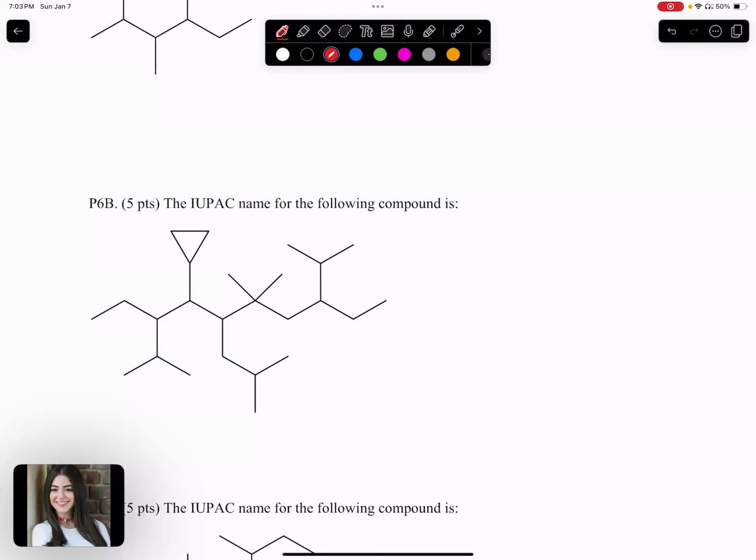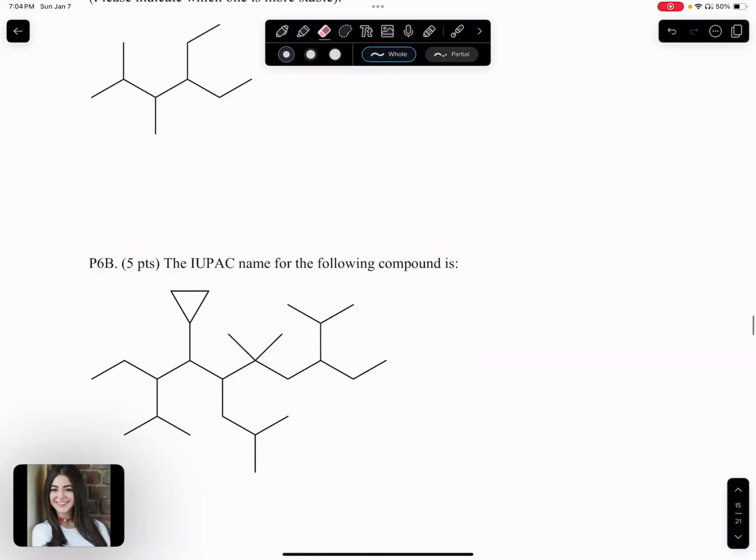He mentioned it. I mean, this is a nice problem, so it can be considered a little bit different. But if I was to name this, maybe this one is going to be a little bit tricky because this gives 3 complex substituents over here.